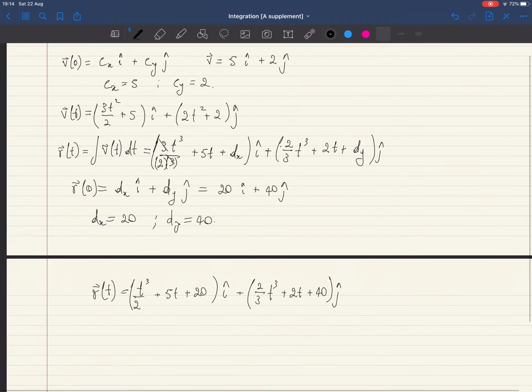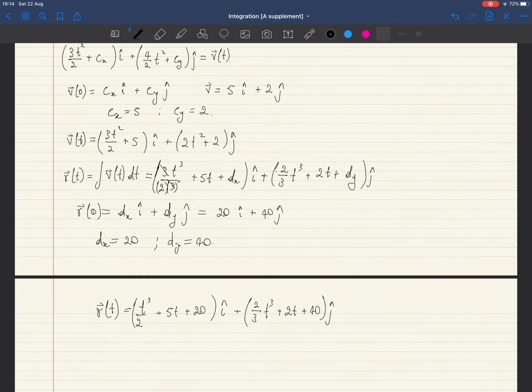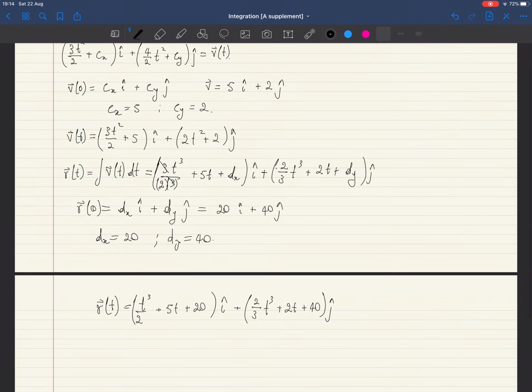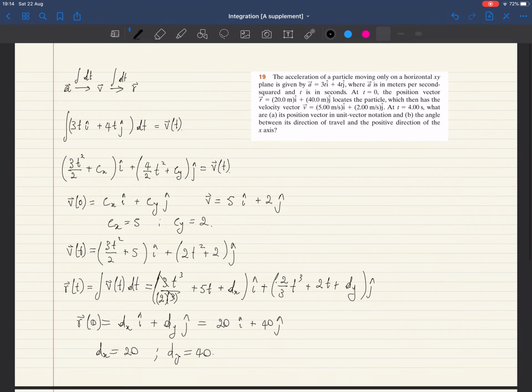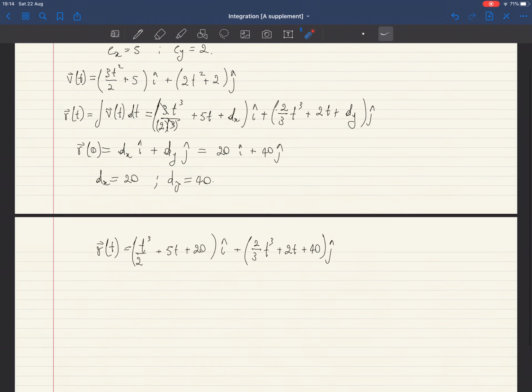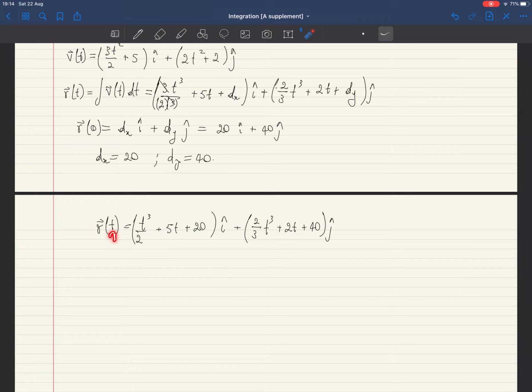Now we are in a good spot to respond to the rest of the questions. The rest of the questions are to find the position function or the position vector at 4 seconds. Now you simply need to substitute 4 for every time you run into a t in this expression.